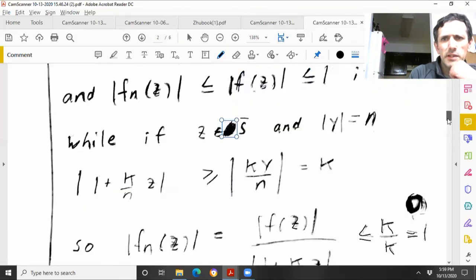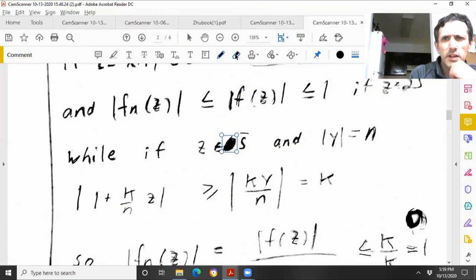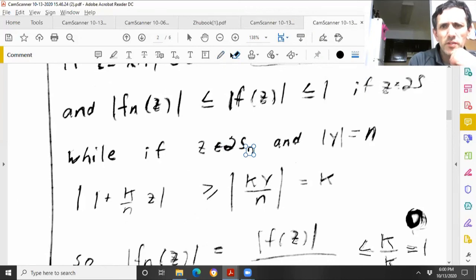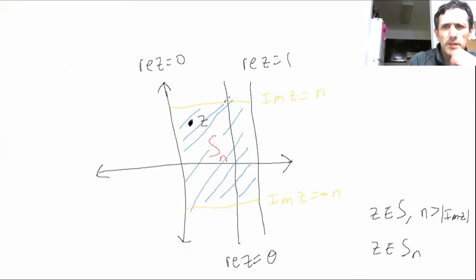So actually here, not that it really matters, but we really want the boundary of Sn, and the imaginary part of z is plus or minus n. Again, it's exactly these two yellow horizontal lines.